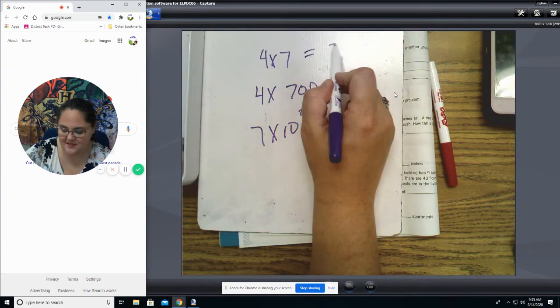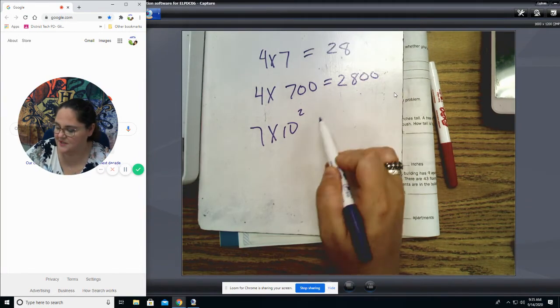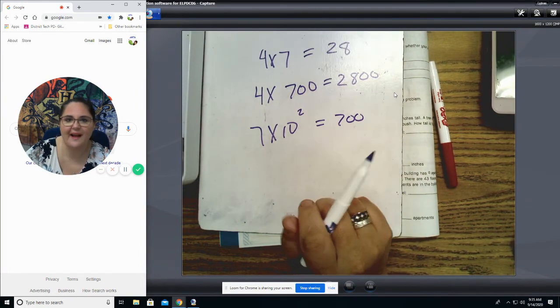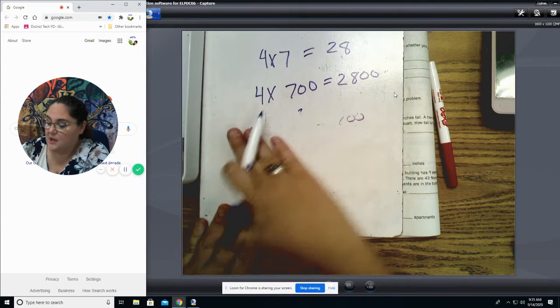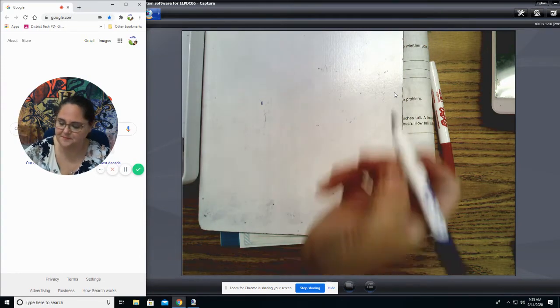All right, if you said this is 28, or you said this is 2800, and if you said this is 700, you are correct. Awesome. So these mental math strategies are going to be good for you when you're practicing multiplication. Using some of those other things, like adding the 0 to the end, are little hints that can help you.